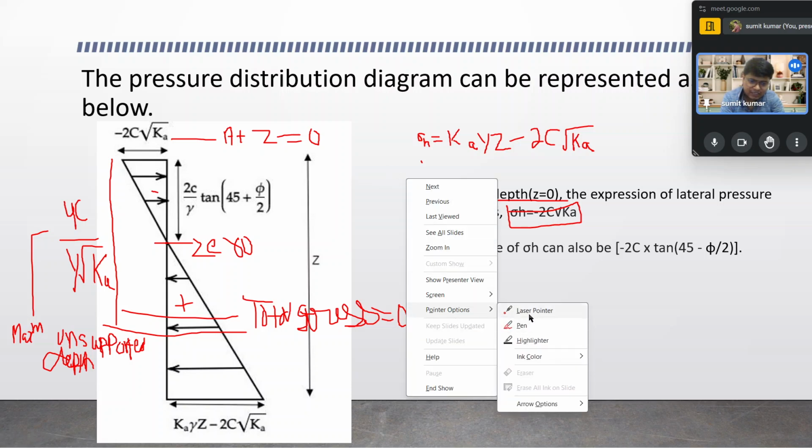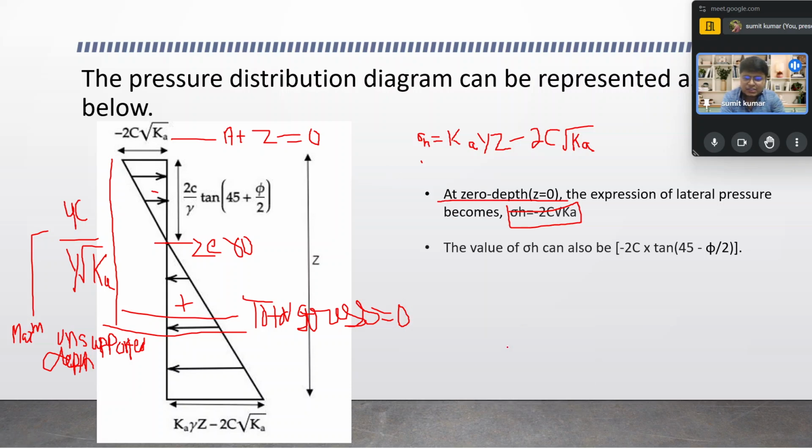Okay, I will take my pen. Over here you can see that we have this interrelation: sigma h equals k gamma z minus 2c root k.